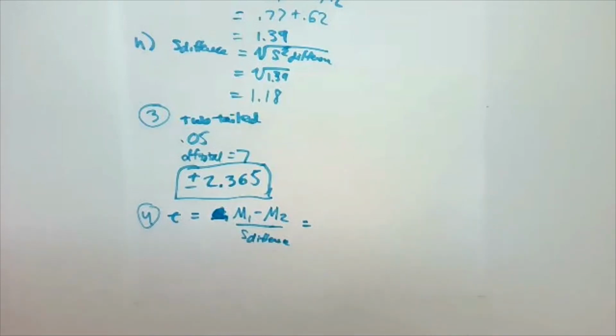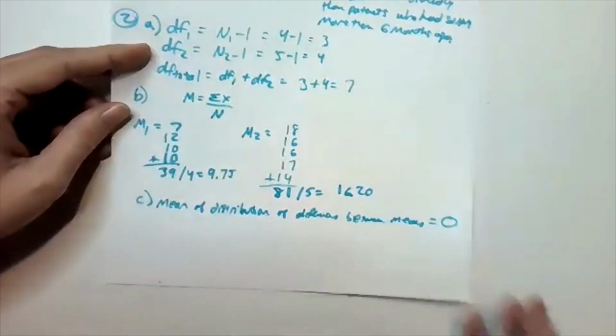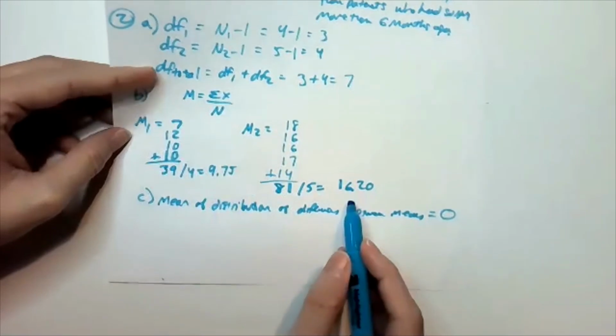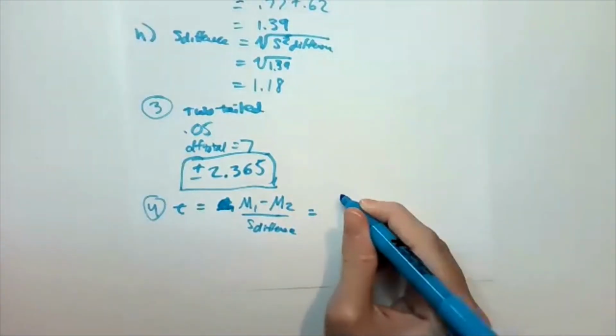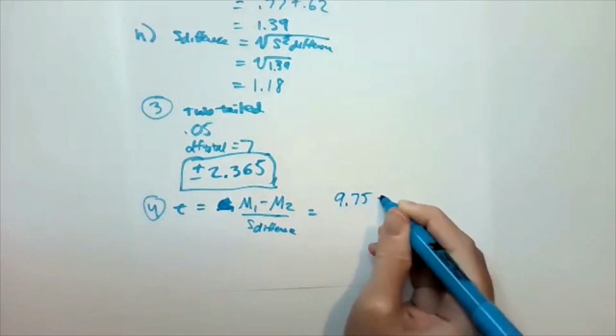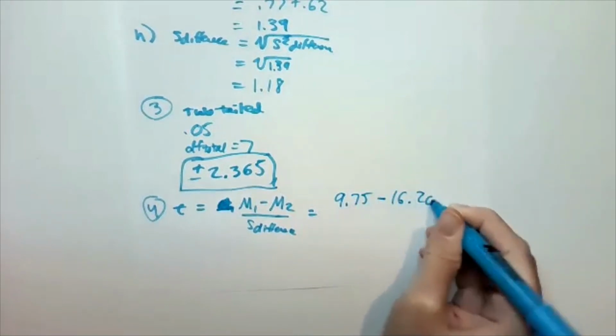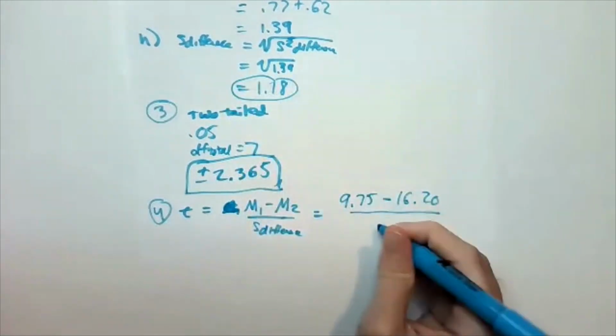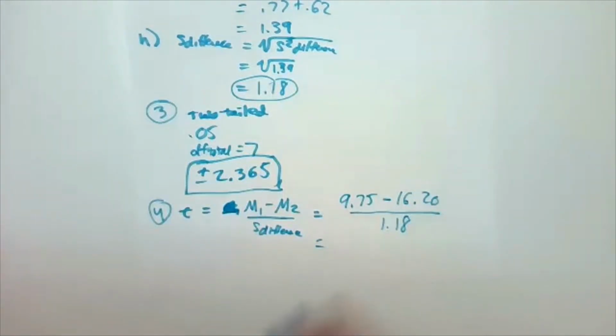And so we can go back to our earlier calculations of what was mean 1 and mean 2. And we found that mean 1 was 9.75 and mean 2 was 16.2. And this difference we calculated just up here. And so we have 1.18.